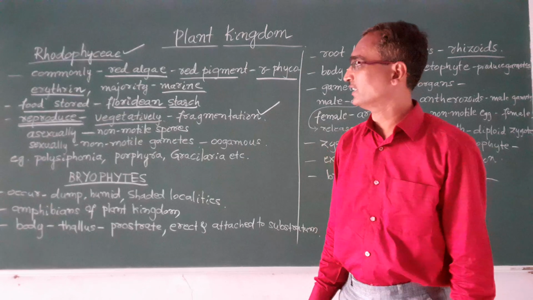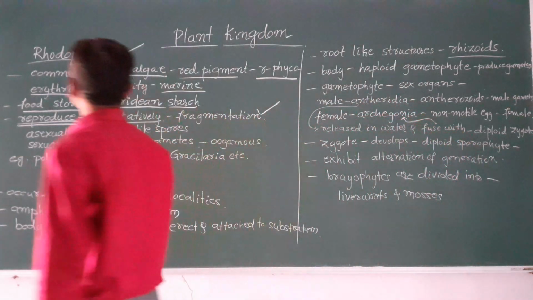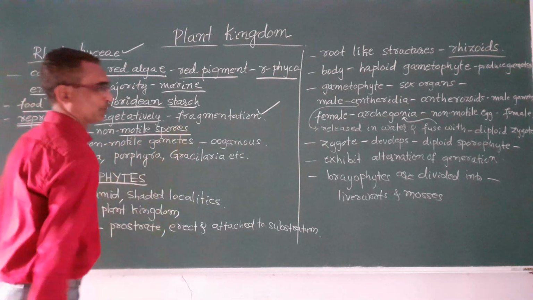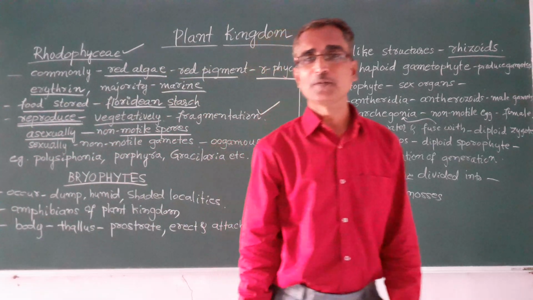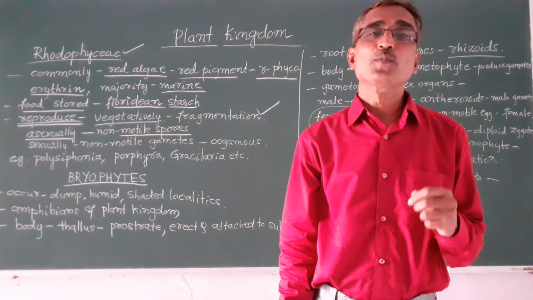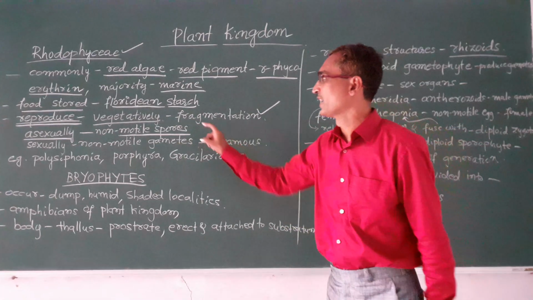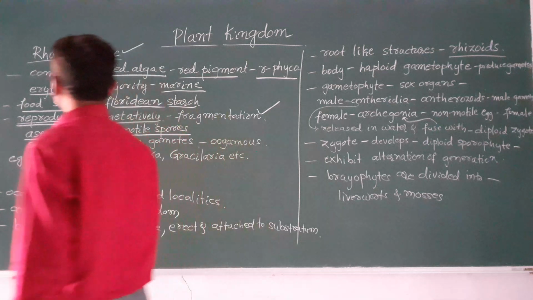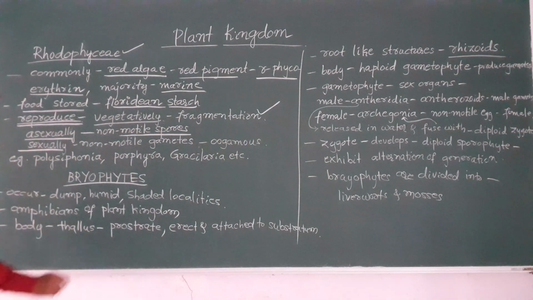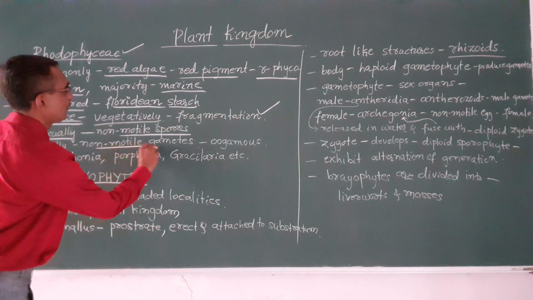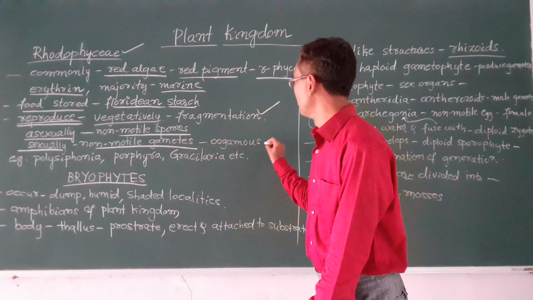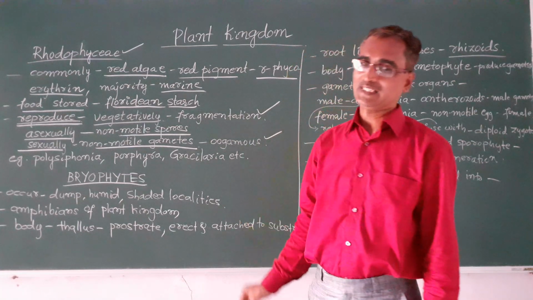They reproduce asexually by non-motile spores. Asexual reproduction takes place by the production of non-motile spores. Sexual reproduction is by production of non-motile gametes, and that too by oogamous type.